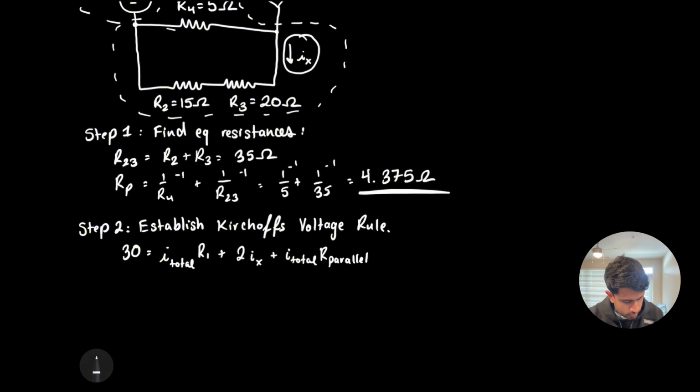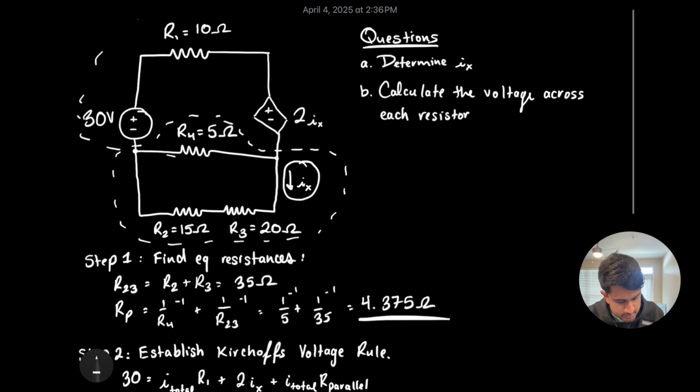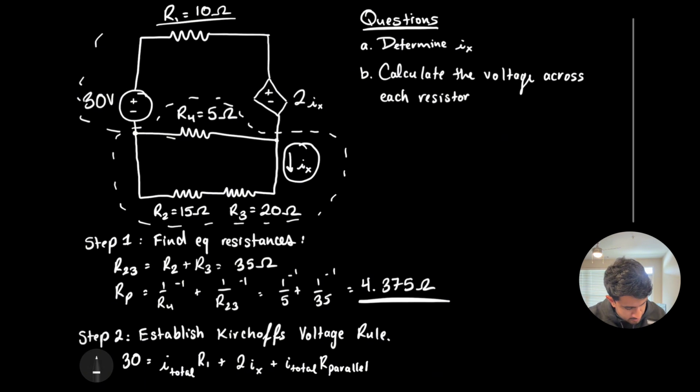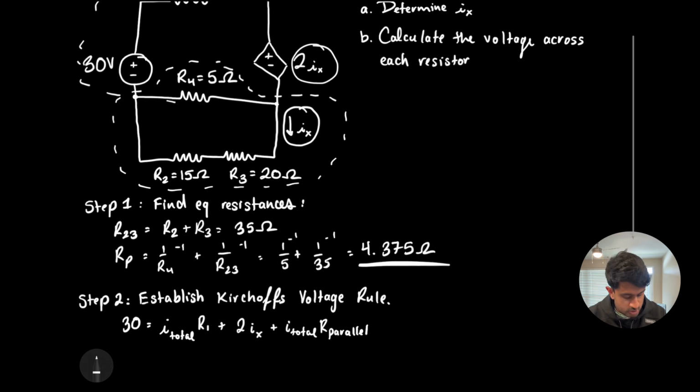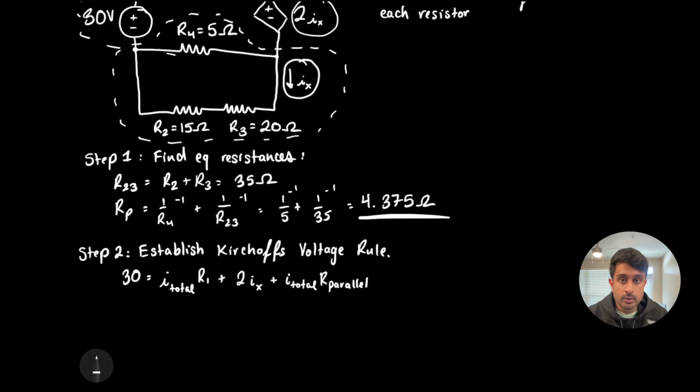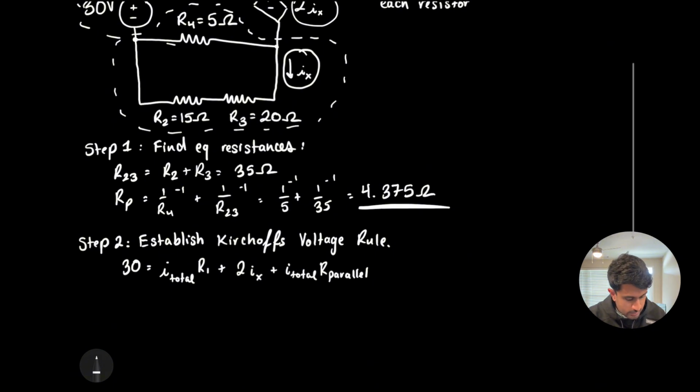The I total times R1 comes from this value right here. The 2 times IX is our dependent voltage source that we have right here. And the I total times the R parallel is exactly what we solved for in the previous step. So this is the equation that we're going to end up solving. However, the issue is that we don't know the value of I total or IX, meaning that we have to solve for that at some point.